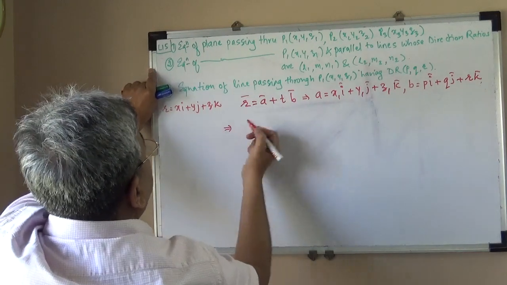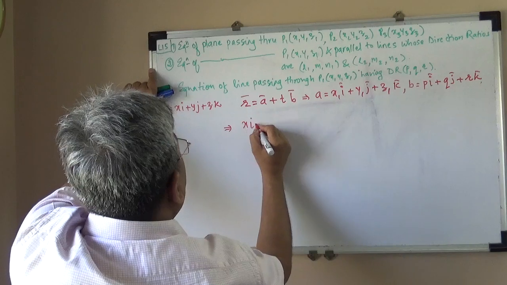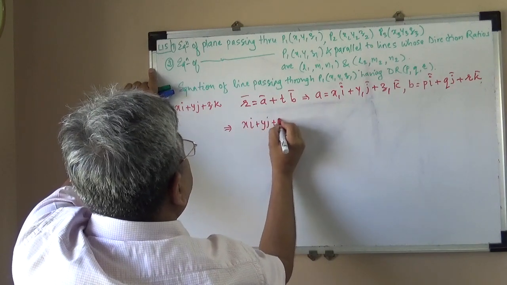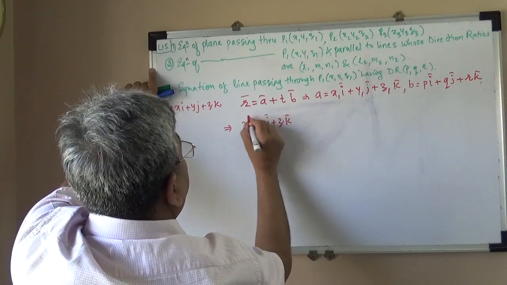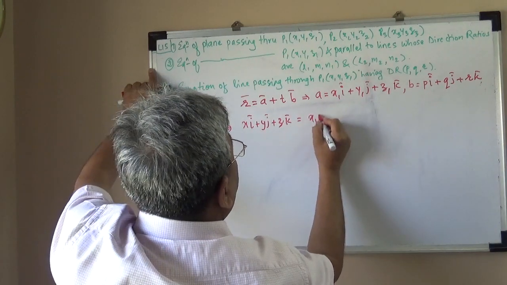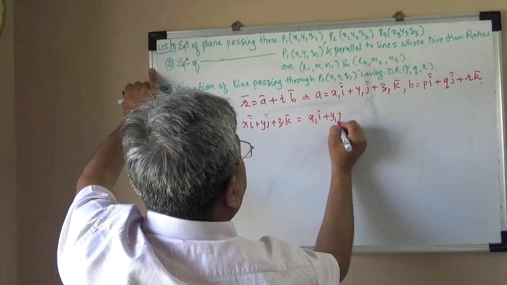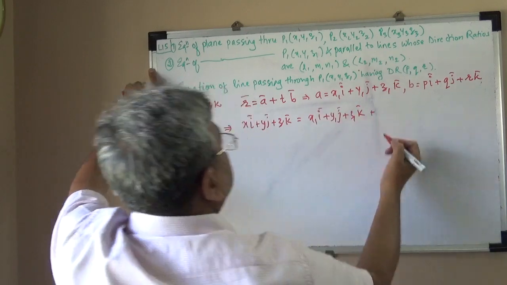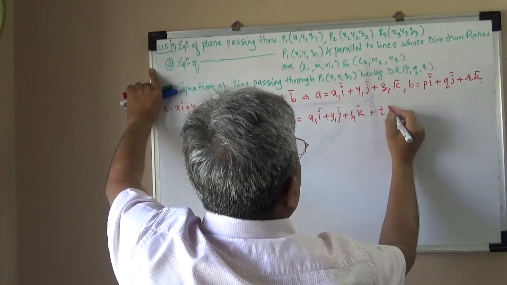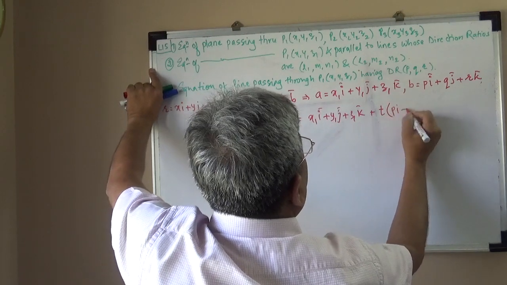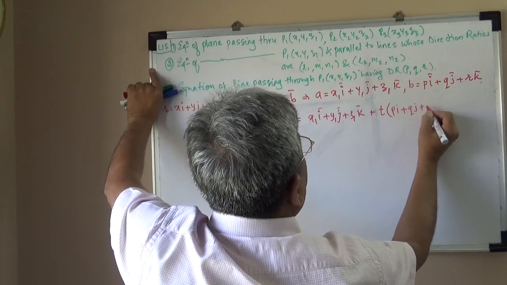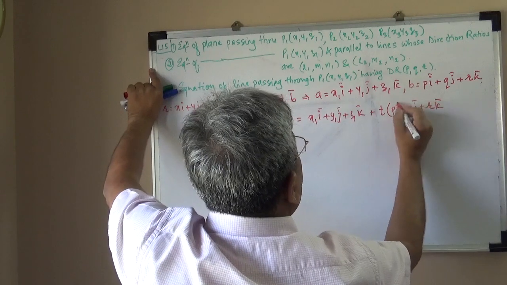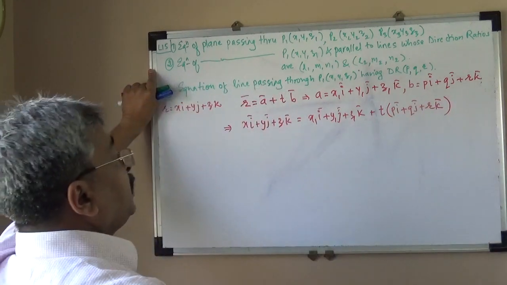So if we substitute everything over here, x i plus y j plus z k is equal to x1 i plus y1 j plus z1 k plus t times (p i plus q j plus r k). This will be our equation of line.